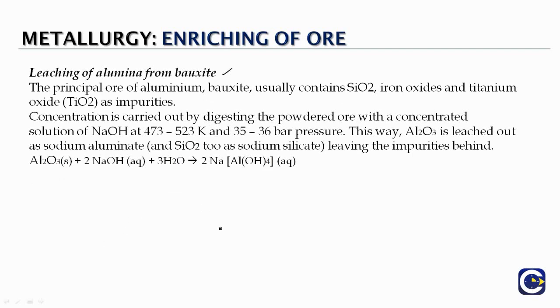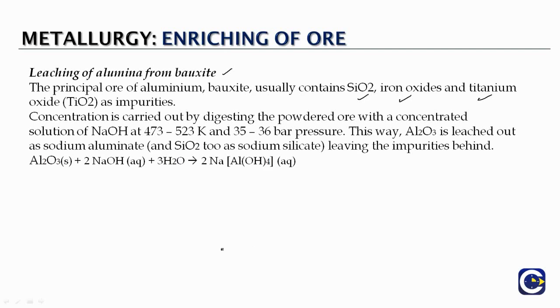So leaching is deployed to enrich alumina from bauxite. Now other than leaching, there are also a couple of methods, but here when we look at bauxite, along with Al2O3 there will usually be silicon dioxide, iron oxides, and titanium oxide as the main impurities.